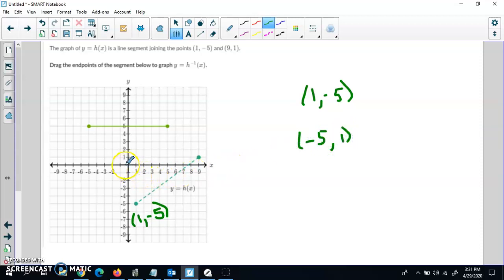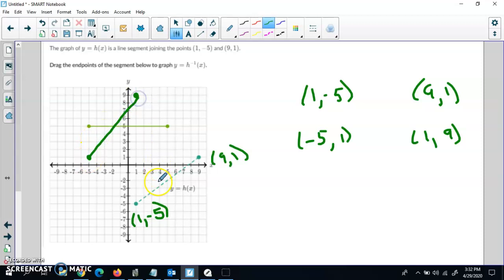So -5 and then 1, which is all the way over here. And then what's our next point? Over 9, up 1. So 9, 1. The inverse of that is going to be 1, 9. So that's 1, 9. Our new line is going to go between those 2 points right there.